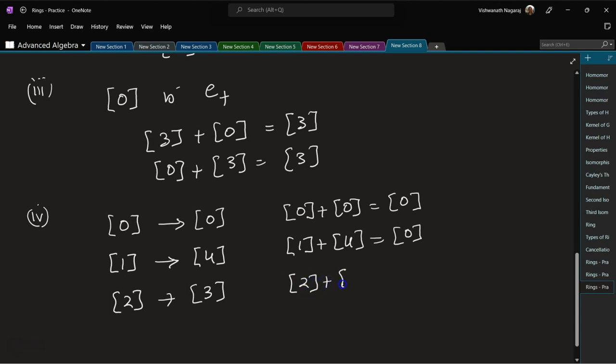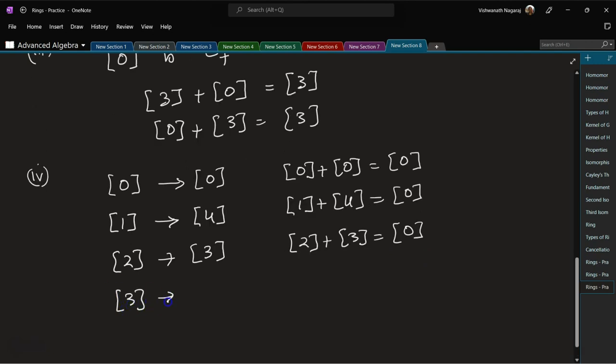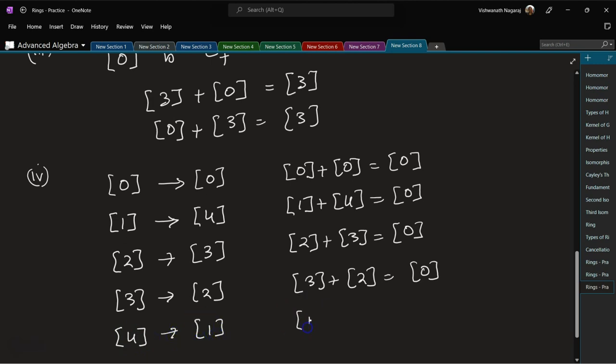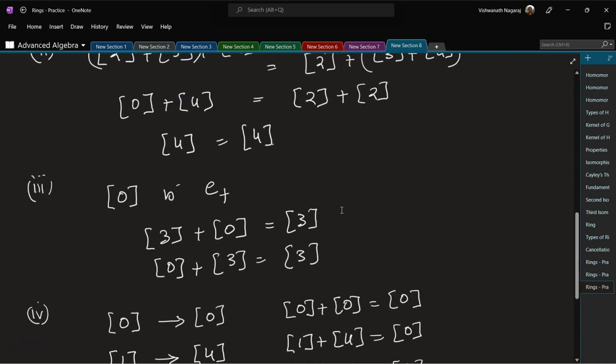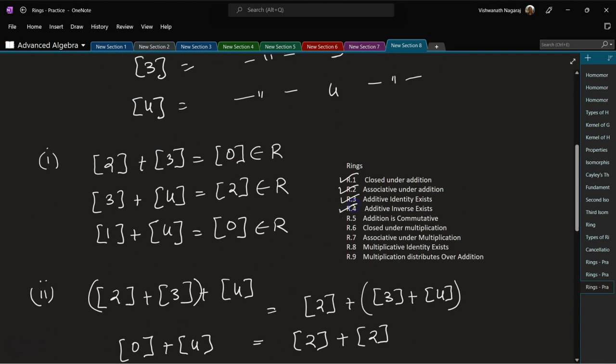So 2 plus 3 is equal to 5, which mod 5 is 0. Again, 3 inverse is 2. So 3 plus 2 is equal to 0. And finally, 4 inverse is 1. So 4 plus 1 is equal to 0. So an inverse exists for each of the elements, additive inverse. Okay, so that takes care of our next condition.